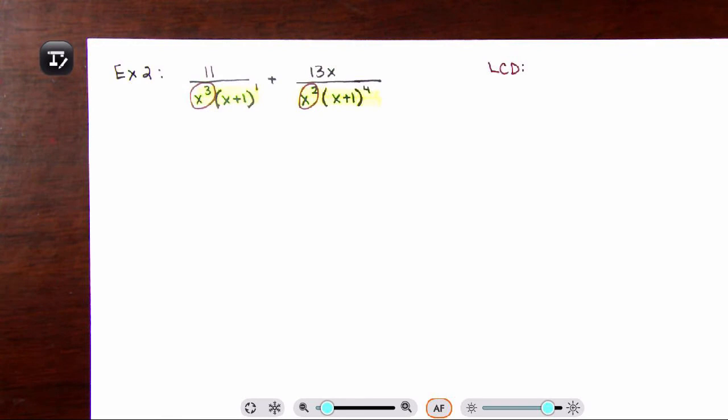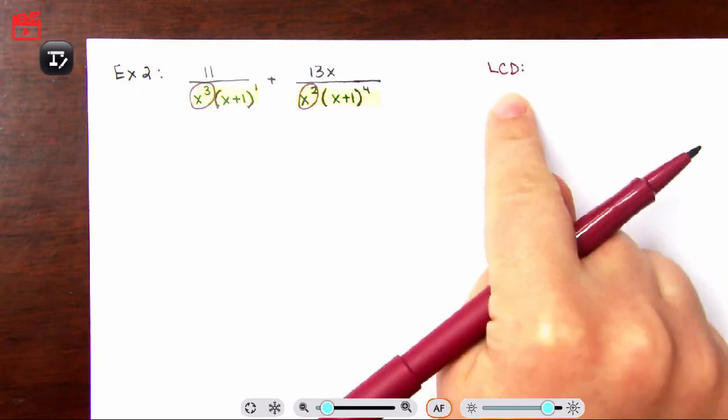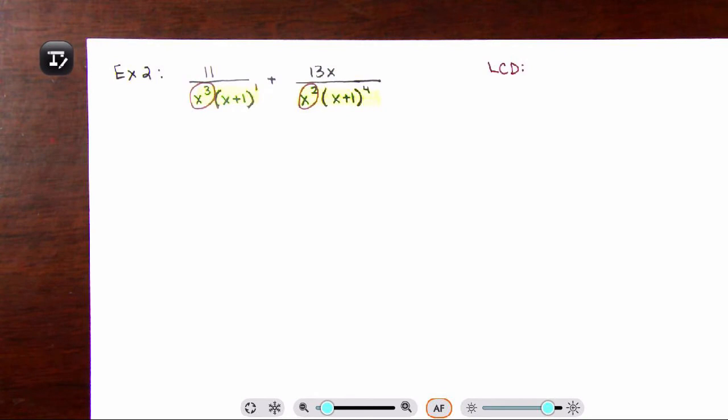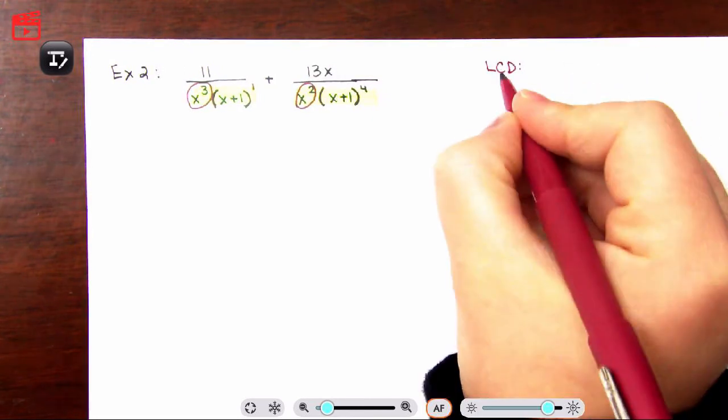And we want the denominator after we've converted to like denominators to remain in factored form. So here I have my LCD. Now, what is the LCD? That is the least common denominator or lowest common denominator. So the way that you're going to create this LCD is this LCD will represent your common denominator.